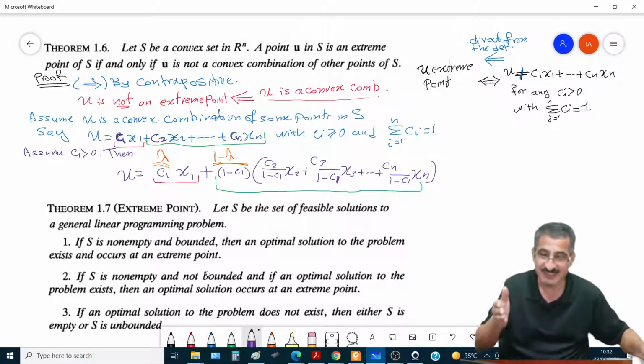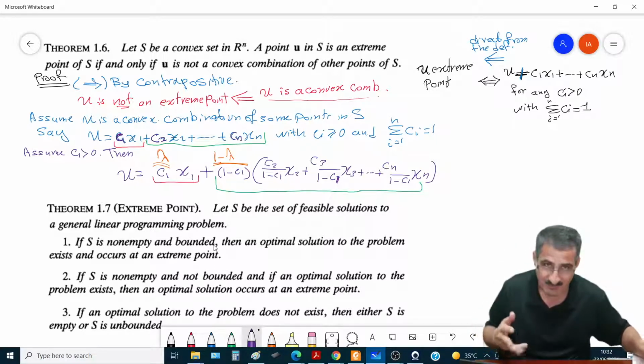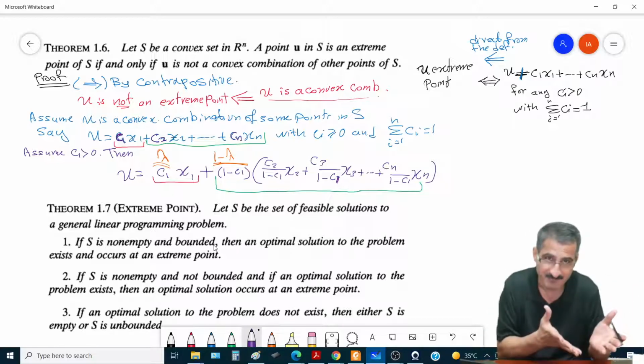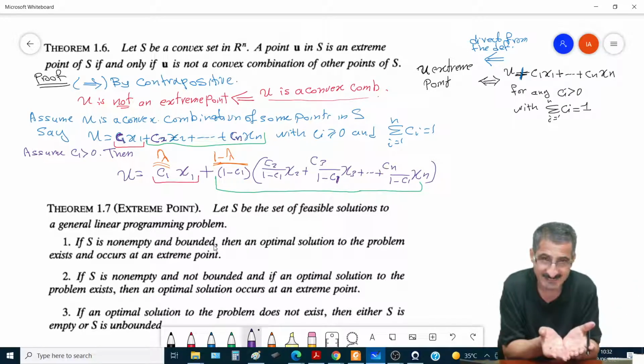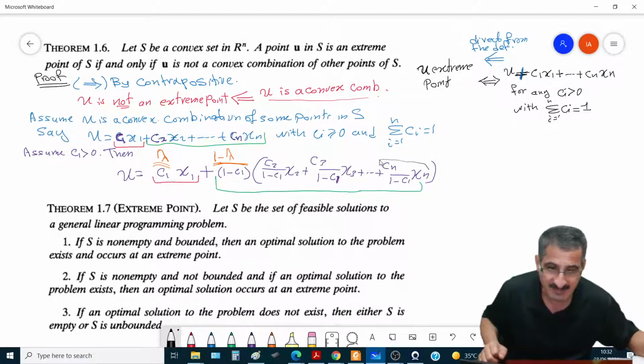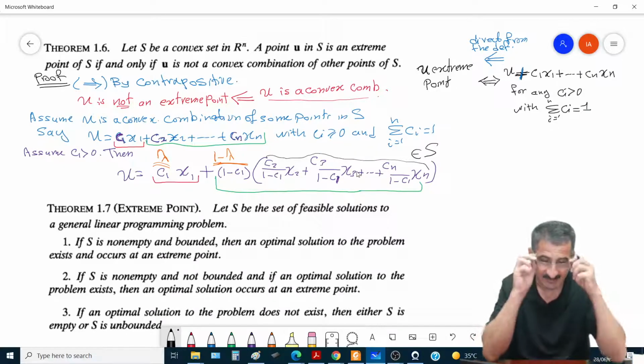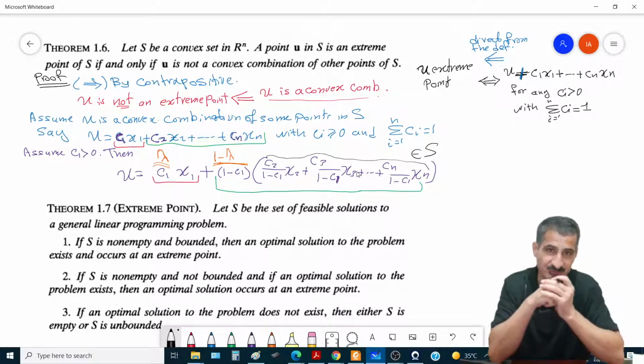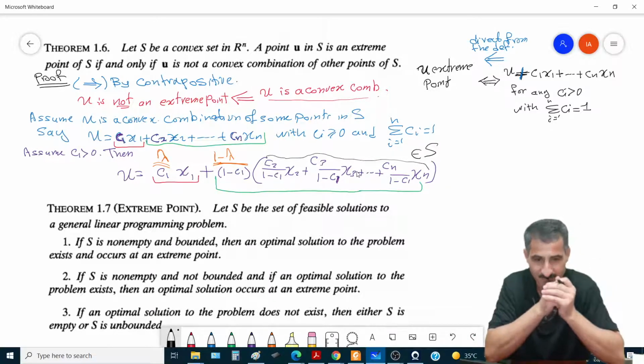So lambda times x1 plus 1 minus lambda times another point inside S, right? This thing here is inside S. Why? Because it is a convex combination of elements x2 to xn.